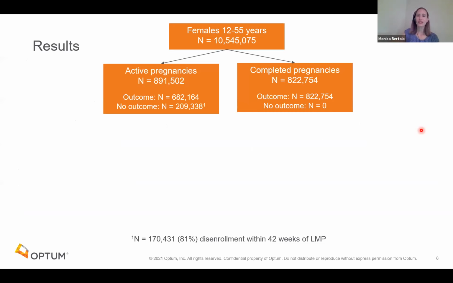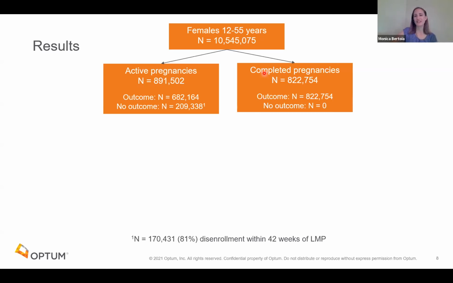So looking at the top here, we identified over 10 million females of reproductive age. Among those females, we identified close to 900,000 pregnancies using the active pregnancy approach, and a little over 800,000 using the completed pregnancy approach.